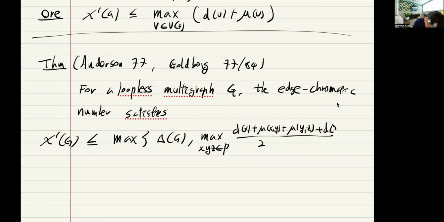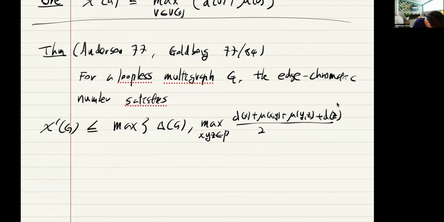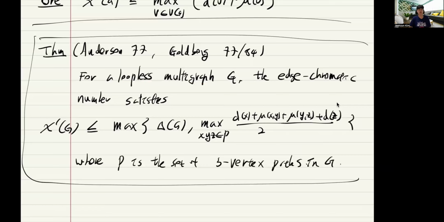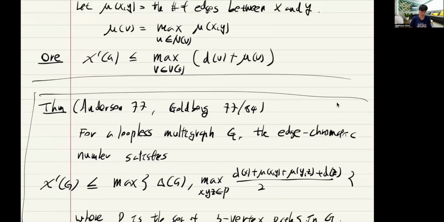You take the degree of x plus the degree of z, and then add the multiplicity between x, y and then y, z, where P is the set of 3-vertex paths in G. So they prove this, and this implies the previous theorems that I mentioned.